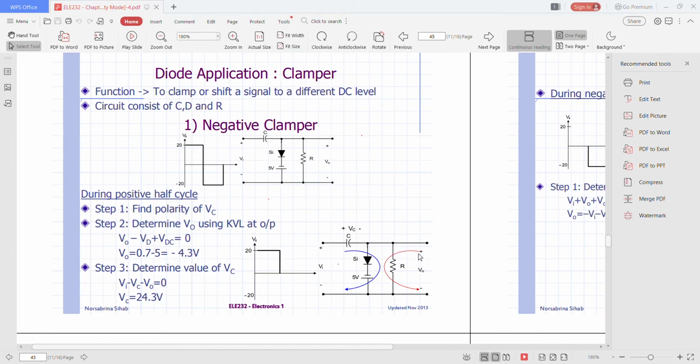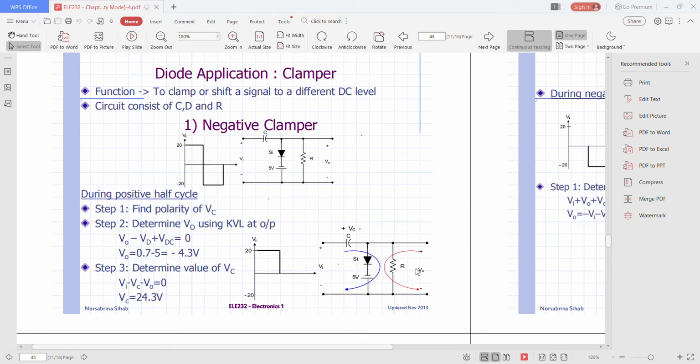This is the output loop. So in order to determine Vout, we have to refer to the red arrow line here. So from here you can get the equation, which is Vout minus Vd plus Vdc equals to 0.